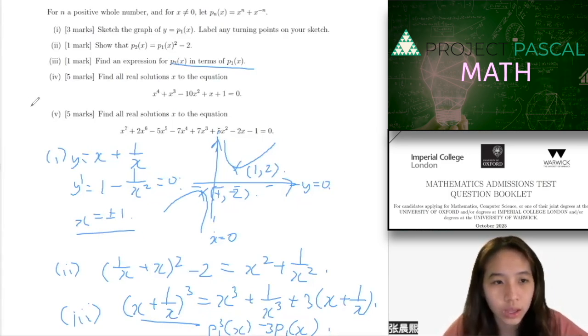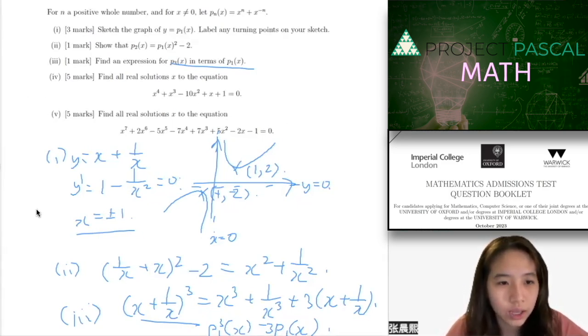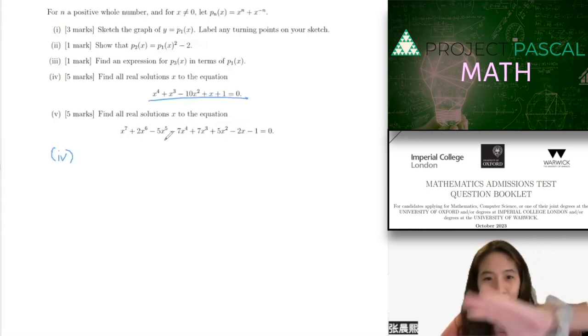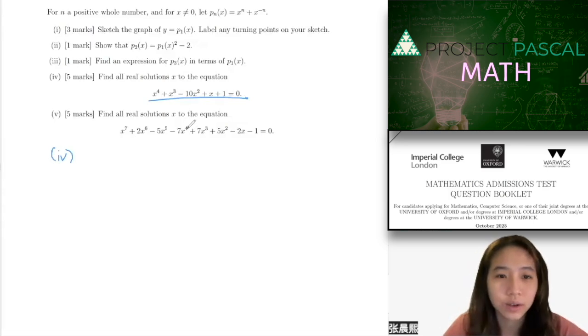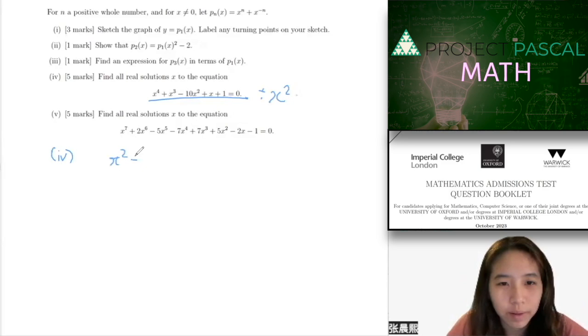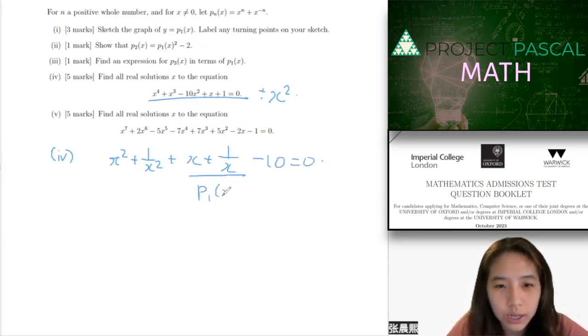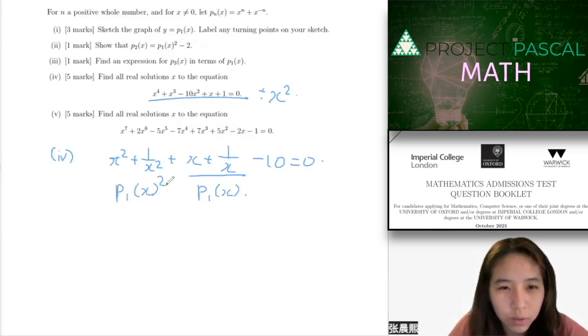Okay, so I'll erase everything. For IV, it's also quite a classic, I guess, because you look at this and you realize that it's symmetric about what you want to find. So you divide everything by x squared. So you get x squared plus 1 over x squared plus x plus 1 over x minus 10 equals 0. So this is P1. And then this is P1(x) squared minus 2.